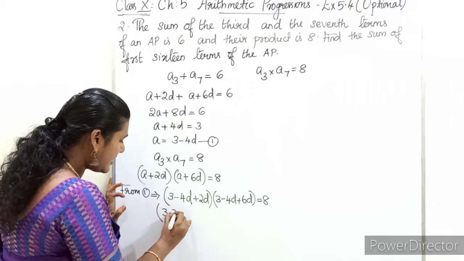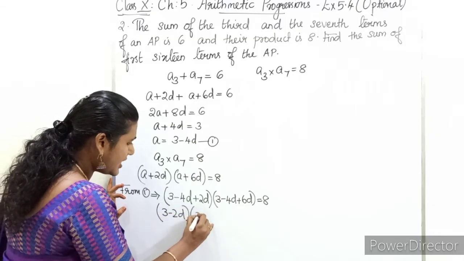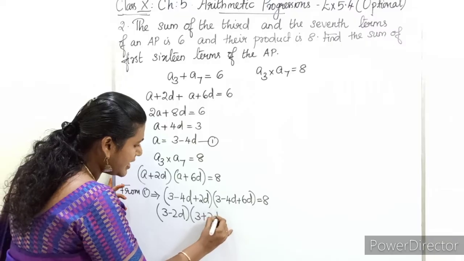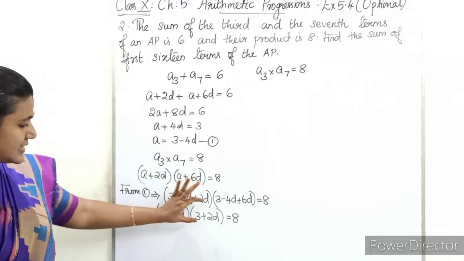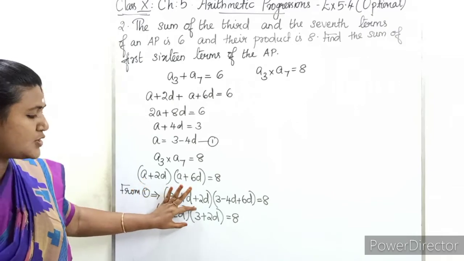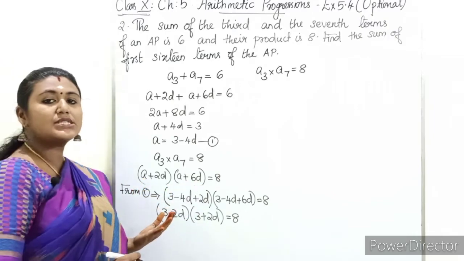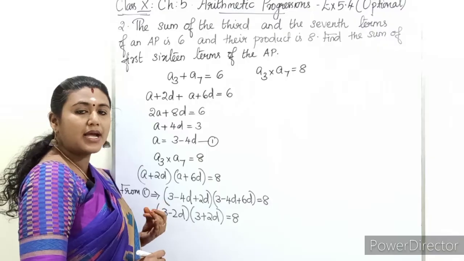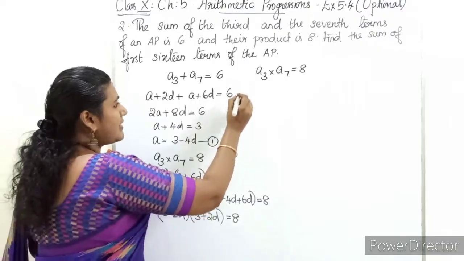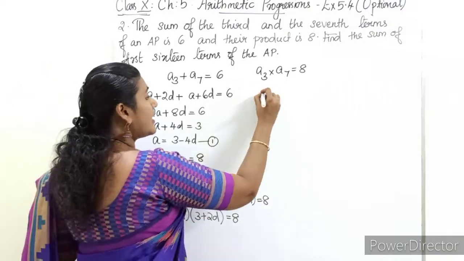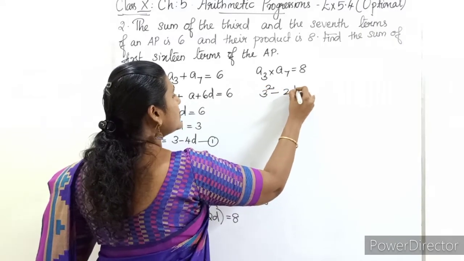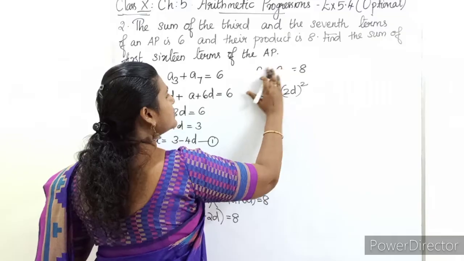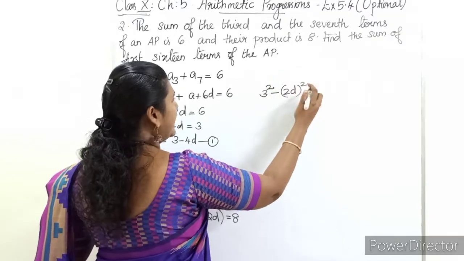So (3 minus 2D) into (3 plus 2D) is equal to 8. Now you see here, this is of the form (A minus B) into (A plus B). So we will use the identity A square minus B square. So we can write this as 3 square minus (2D) the whole square. So 3 square minus (2D) the whole square is equal to 8.